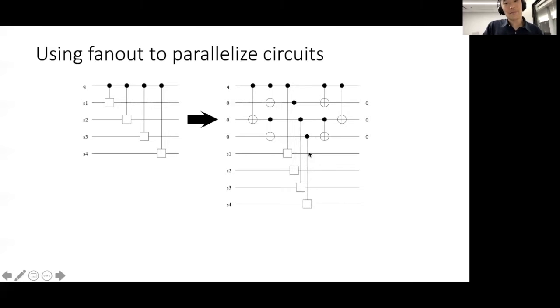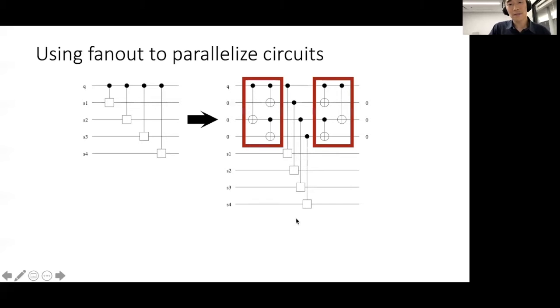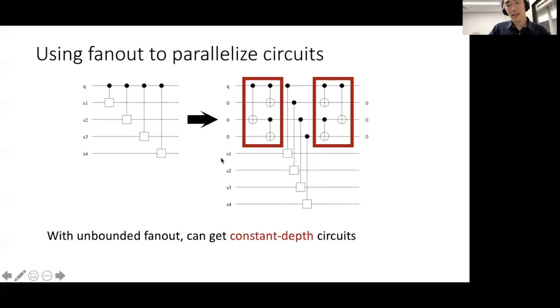And then finally, one must uncompute the ancillas at the end. So now this middle step can be done in constant depth, because these gates are non-overlapping. And furthermore, these gates in red, these controlled NOTs, are actually just another way of implementing the fanout gate. And so if you can implement a fanout quickly, then you can get a constant depth circuit.